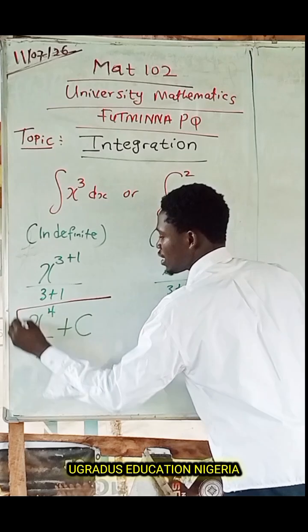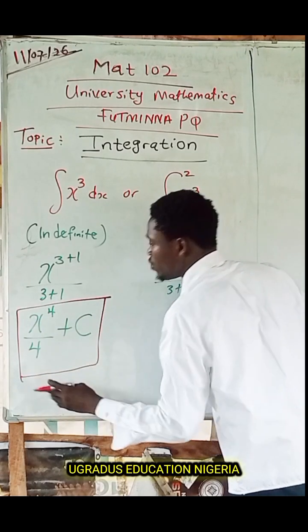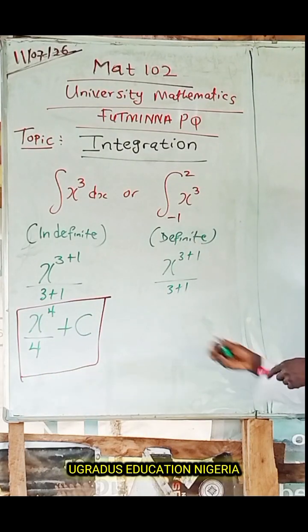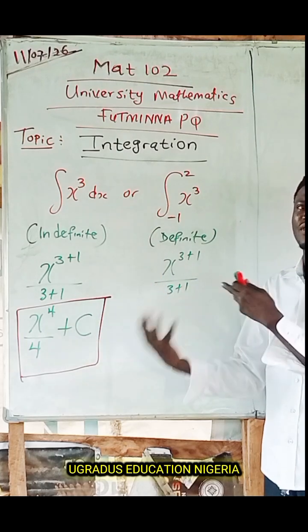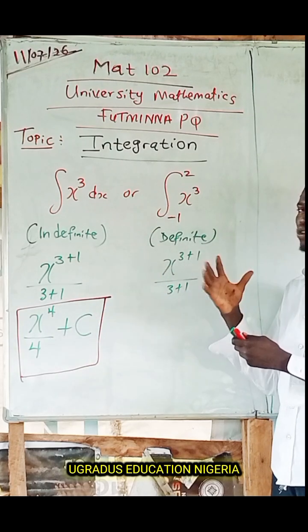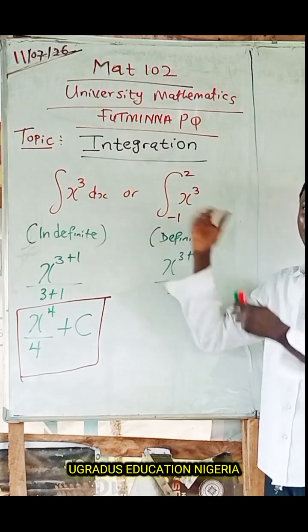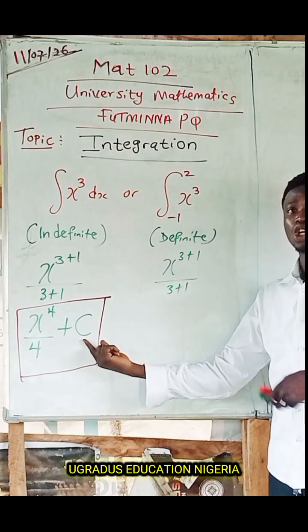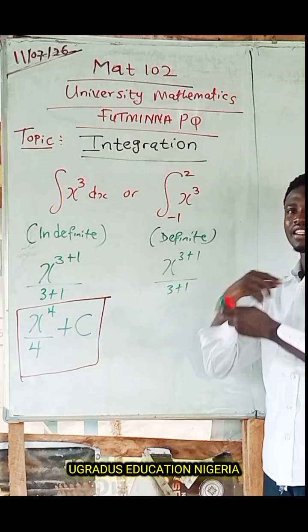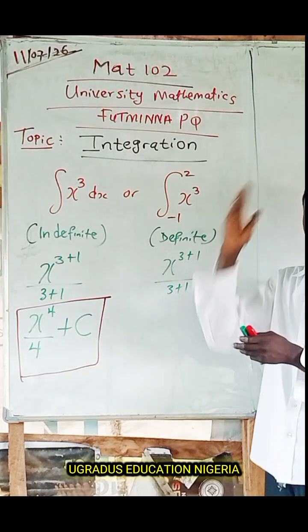So the constant in your answer shows that you are dealing with indefinite integral. Why a constant? Because indefinite integral, this particular question is coming from differentiation. And you know, in differentiation, this particular expression might have a number, a whole number. But you know that we used to call a whole number what? Constant in this course. Either it is 1 million or 100 or 5, all numbers are constants.